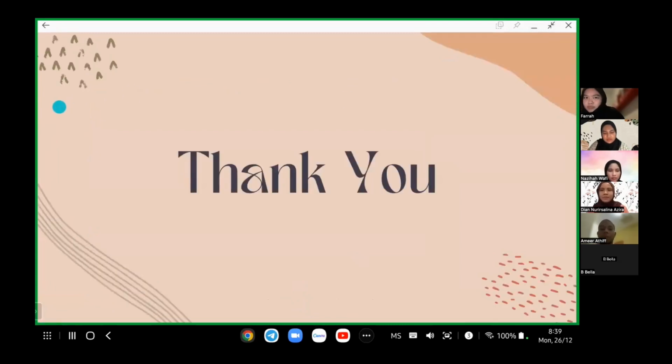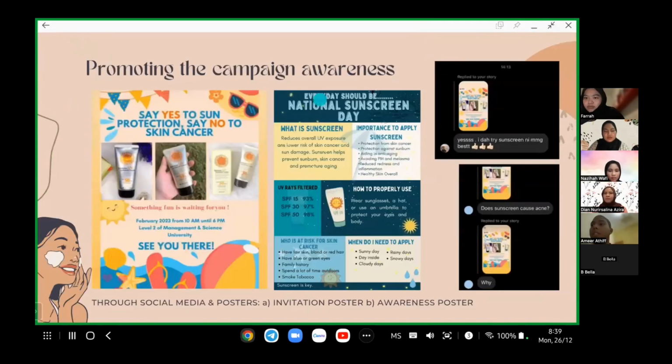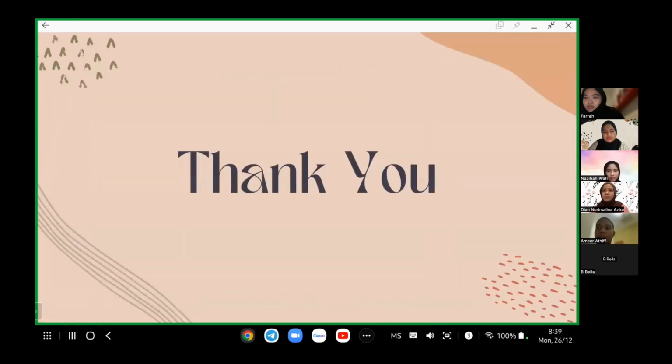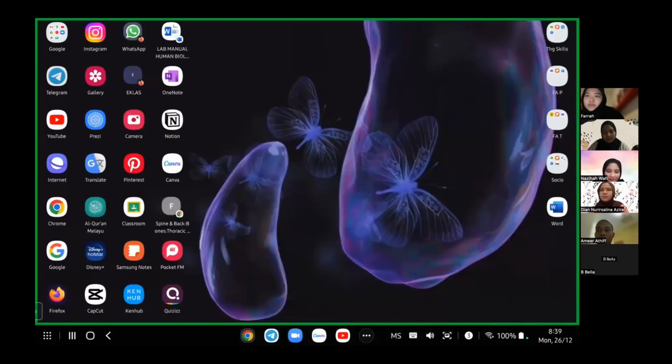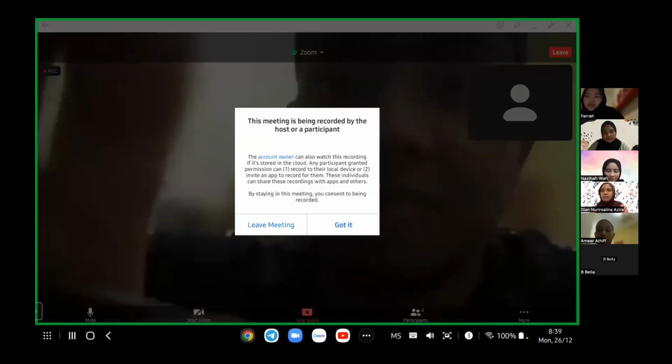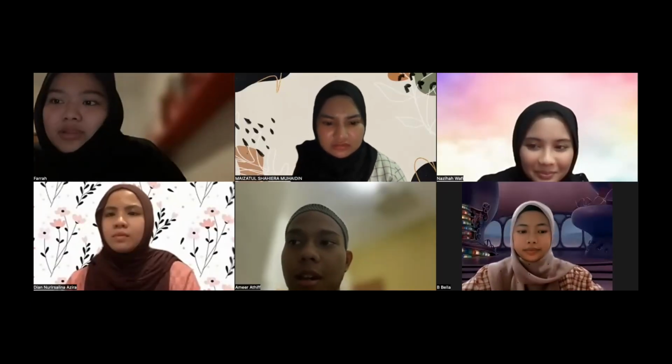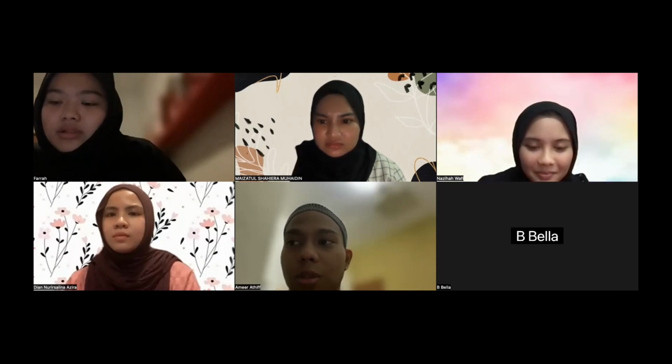So for the preparation of the booth, we chose a beach view as our theme. It is very important to apply sunscreen when visiting the beach due to exposure to sunlight. We will also attract more people to our booth by applying bright colors.